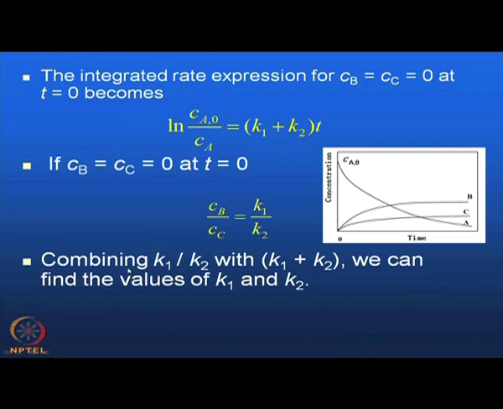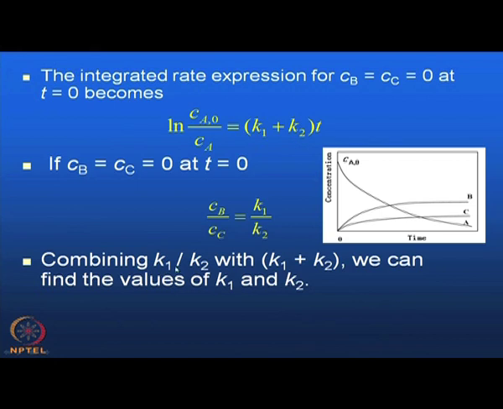So, combining K1 by K2 and K1 plus K2: K1 by K2 is basically the ratio of concentration of B to C, maybe you can think in that way. K1 plus K2 you will get from this plot, ln 1 by Ca versus t, a straight line, and from the slope you will get K1 plus K2.